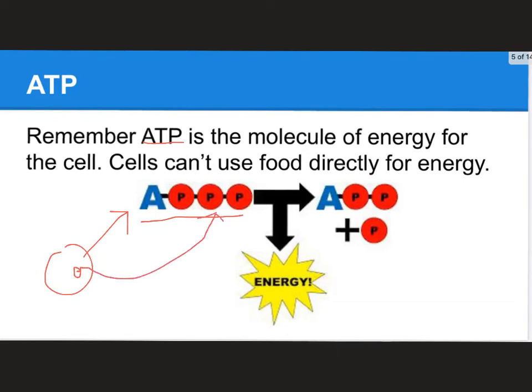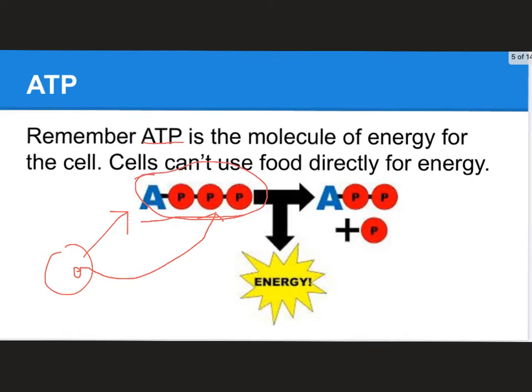So it's important to remember the difference between energy and atoms or matter. The energy is transferred, the atoms and matter are not transferred into the ATP. And now if we look at ATP, this is adenosine triphosphate with 3 phosphates.